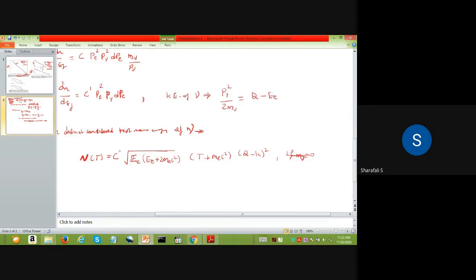So the total energy is Q, minus the kinetic energy of the electron, that will give you the kinetic energy of the neutrino in this particular case. So from this we can say that p nu will be equal to root of 2m nu into Q minus E.